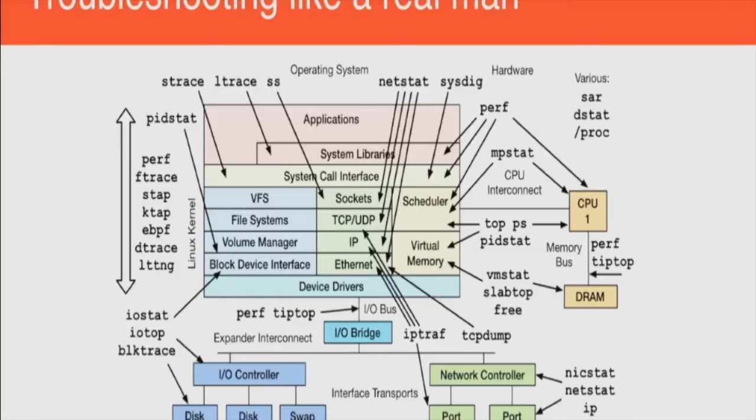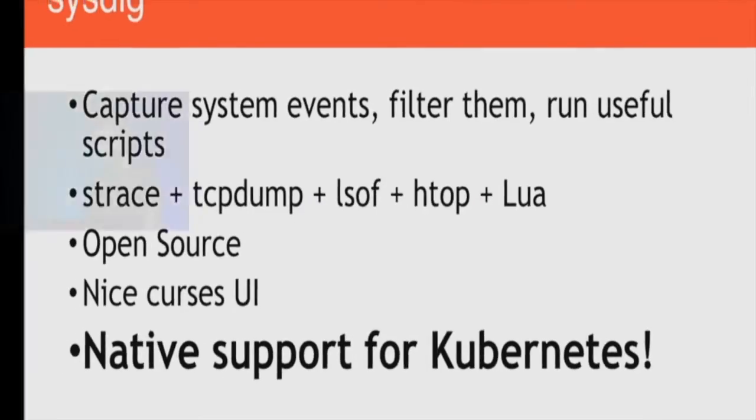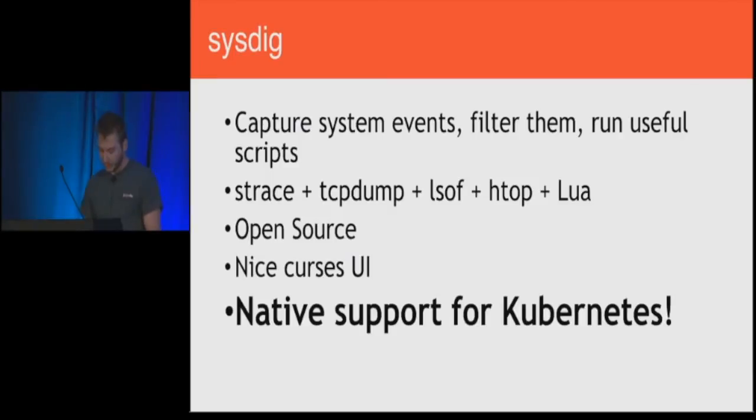So today, I want to talk to you about this little guy up here in the top right corner called Sysdig. Sysdig is an open source system troubleshooting tool that is meant to be a tcpdump for your entire system. So it doesn't only work with network packets, but it works with system events, with system calls.